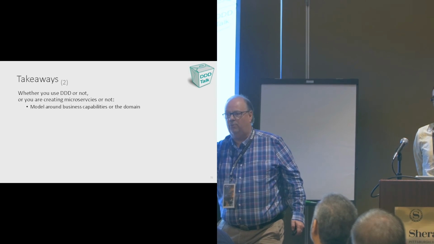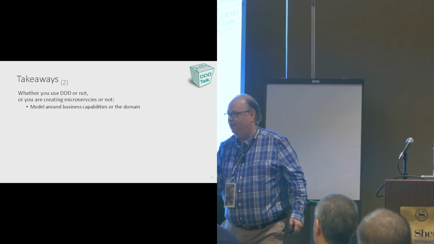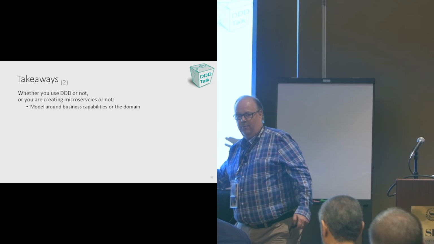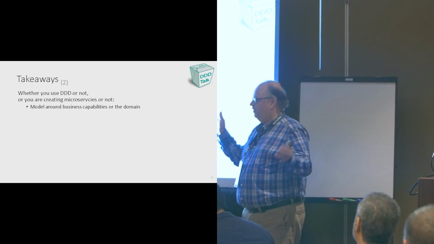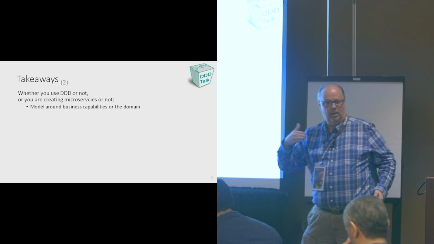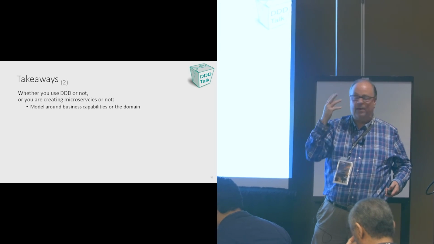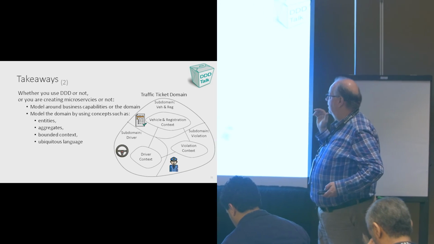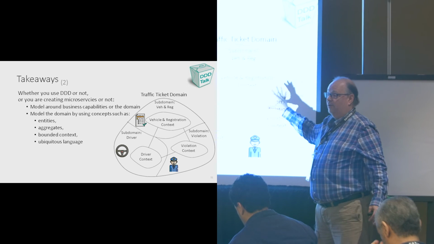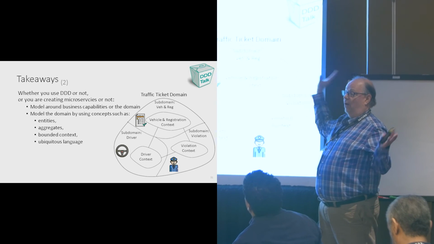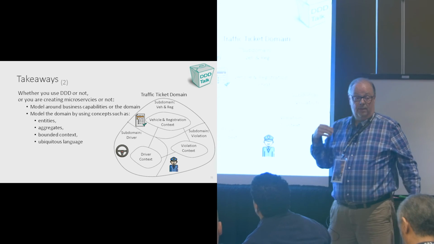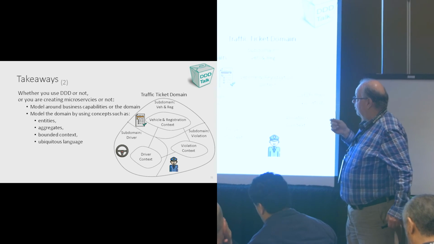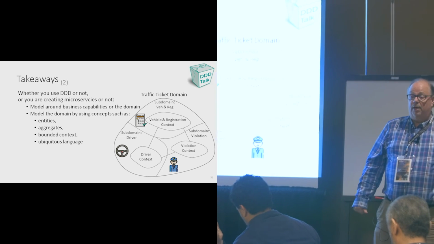To me, that's probably one of the most valuable things I learned back in my young programmer Joe days, when I was hacking back in the 90s: we learned about doing the domain modeling around whatever that business domain or your domain is. And you can use a lot of these concepts from DDD. You don't need to use all of DDD, but these concepts can help you with modeling around the domain, such as the entities, aggregates, bounded context, and the ubiquitous language.